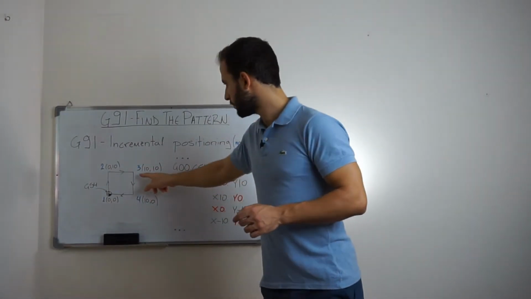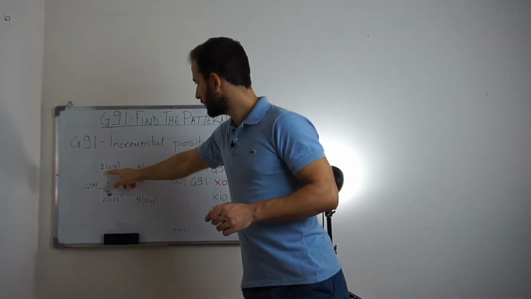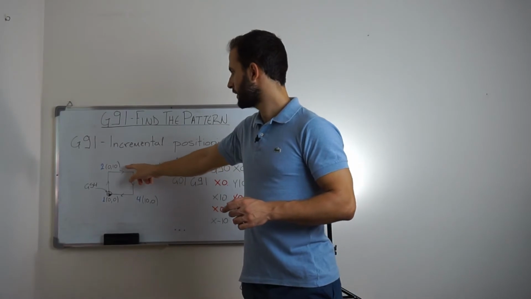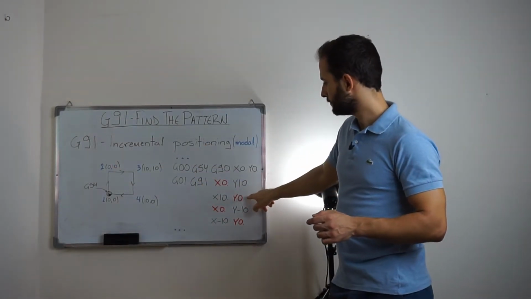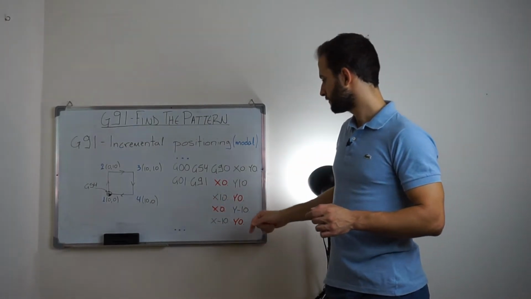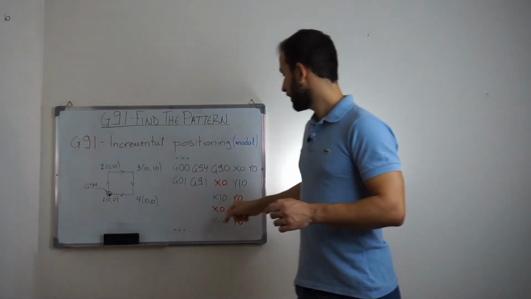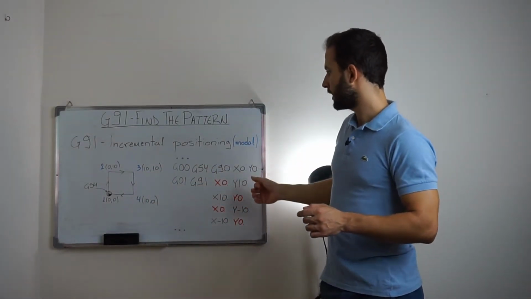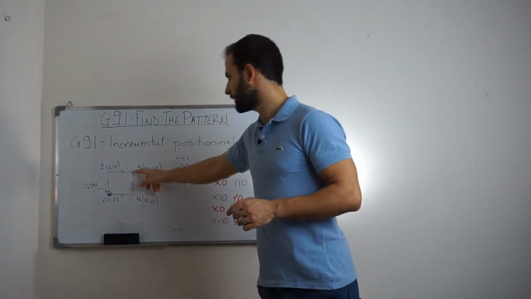In order to go to point 3, we have to go from this point 10 millimeters along the x-axis. The y-axis won't change, so it will stay 0 and the x-axis will increase by 10 millimeters. In order to go from point 3 to point 4, the y-axis has to decrease by 10 millimeters and the x-axis won't change.